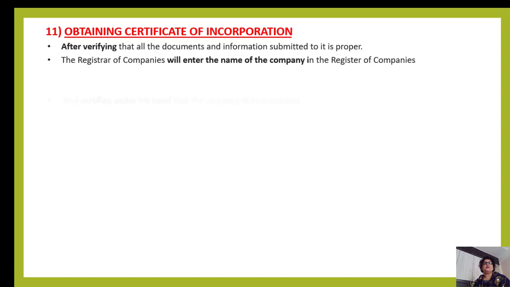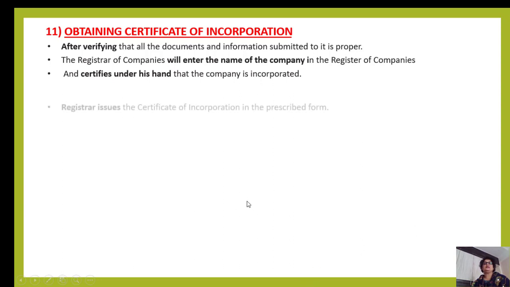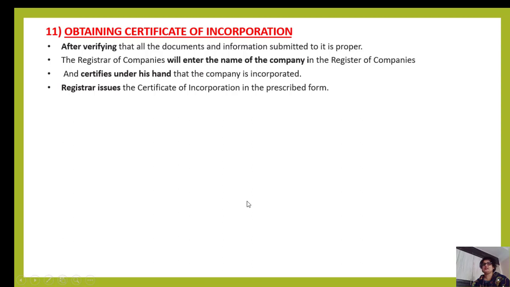If all the documents are correct and all the formalities have been completed, then after the certificate is issued under his hand, the company is incorporated. The registrar issues the certificate of incorporation in the prescribed form.